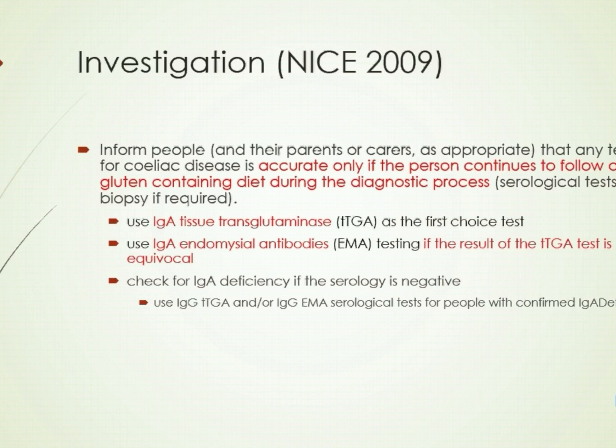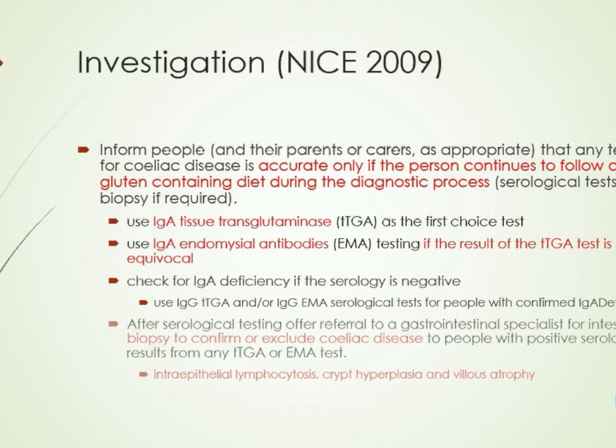So you can also perform tests for IgA deficiency if the serology is negative. And if it is a confirmed case of IgA deficiency, you can use IgG tissue transglutaminase or IgG endomysial antibodies.